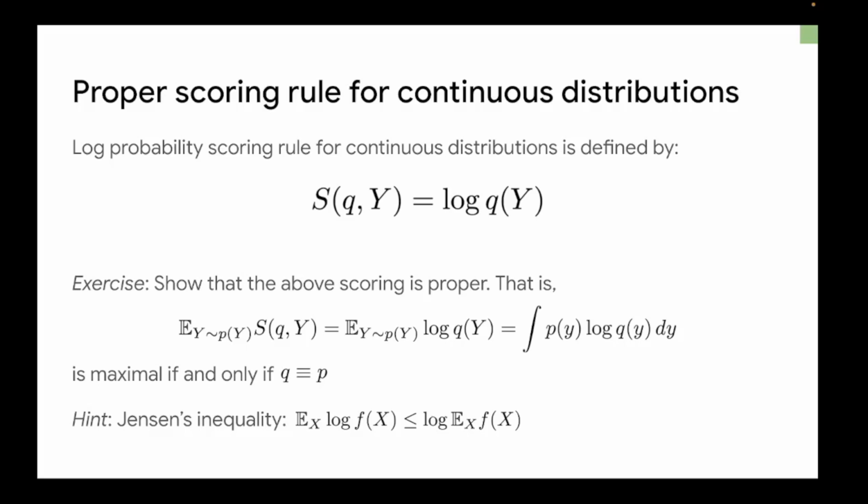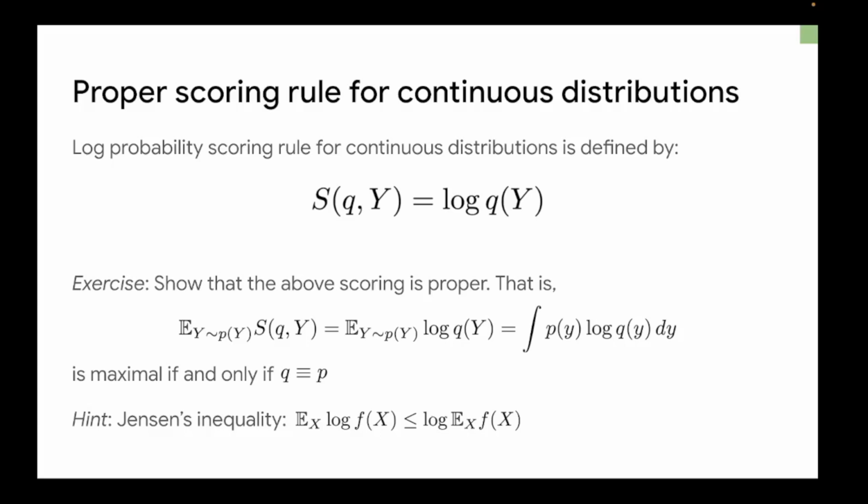So coming back to continuous distribution, I just said proper scoring is the identical concept here. It's maximized if and only if the true distribution is given to the scoring. And here I'm going to use log probability scoring rule again, and I'm going to argue that log probability is, again, a proper scoring rule.